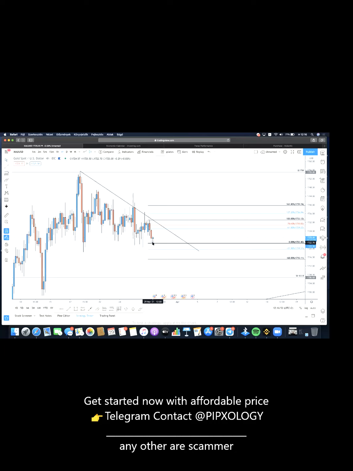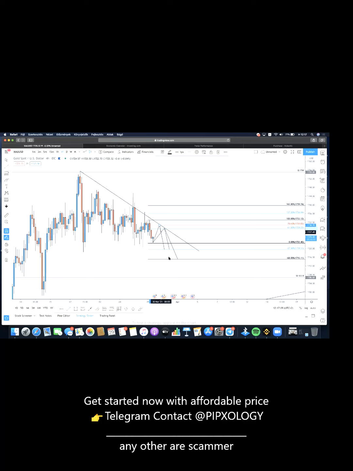So this is what I'm thinking: 61.80 or 78.60, after that a push to the downside, minus 27 or minus 68. And after we will see.